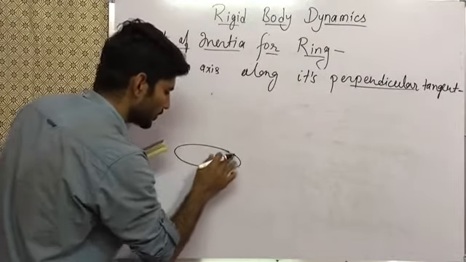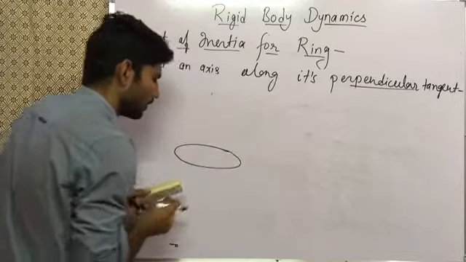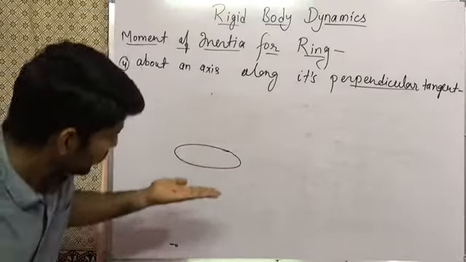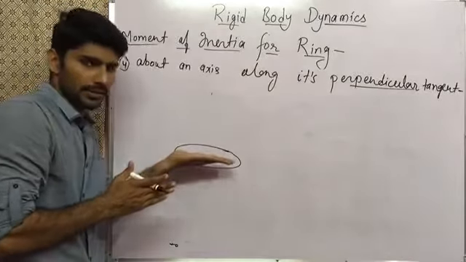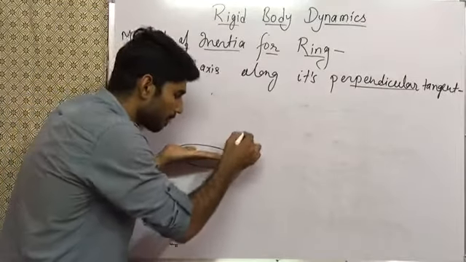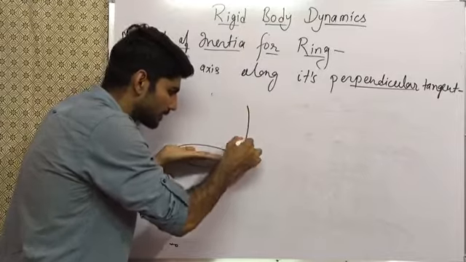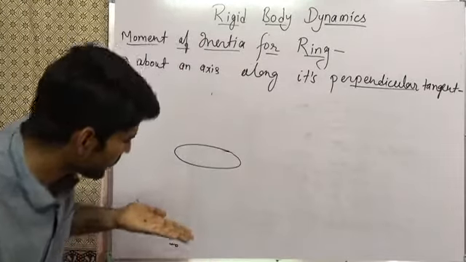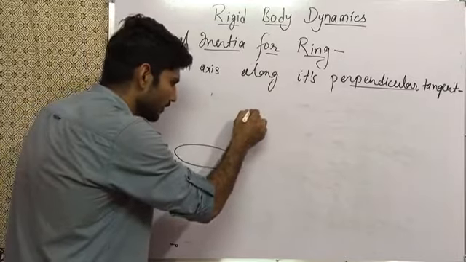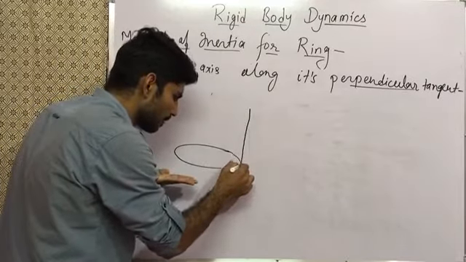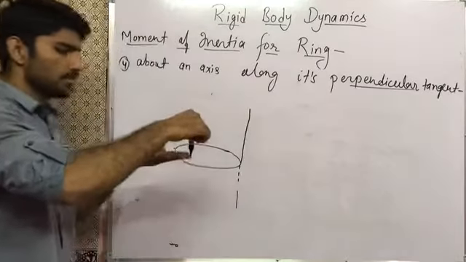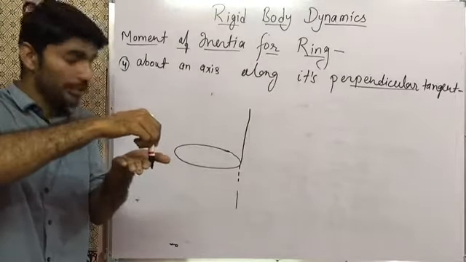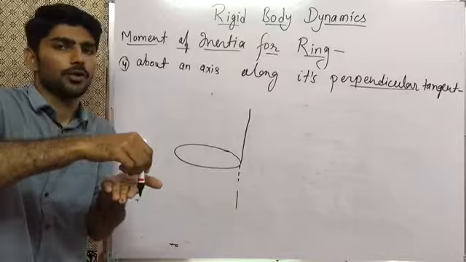In the 3D picture of the ring, this is the ring, perpendicular to the plane of this board, and here this is the axis. This axis is passing through the plane, perpendicular to the plane, and it's along the tangent.